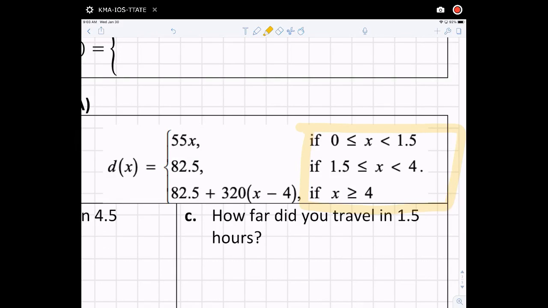How do we know the second one? Well, if x is hours, you're saying 2 hours, and you just put 2 where the x is. We're thinking about where 2 would fit. 2 does not fit between 0 and 1.5. 2 does fit, I could put a 2 in there and that would be a true statement. And 2 is not greater than or equal to positive 4, I should say.